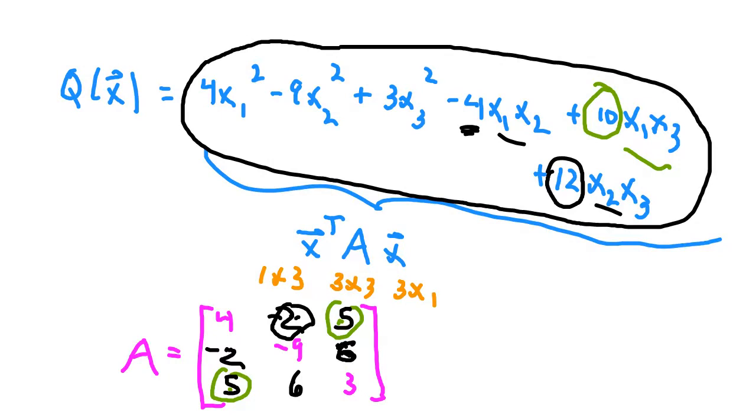Let me go to the book here. We want to do a change of variables. Remember, we don't like these cross product terms in general. They come up, but if we can find a way to rewrite the quadratic form using a change of variable, and the new quadratic form has no cross product terms but is equivalent to the old quadratic form, this would be a wonderful thing.